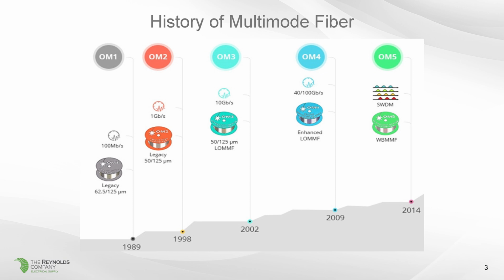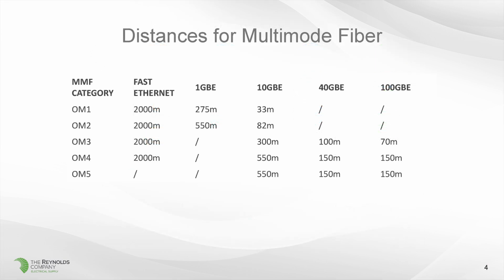That is typically for enterprise level switch systems. One thing I neglected to say, the OM1, OM2, OM3, OM4, and OM5 designation, the O stands for optical, the M stands for multimode. So I just want to give you a heads up on that.